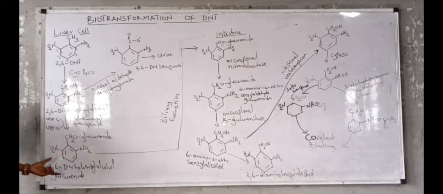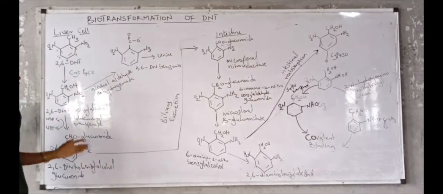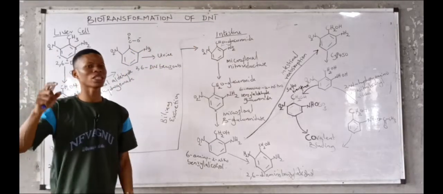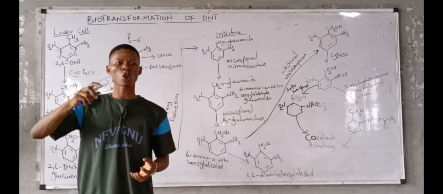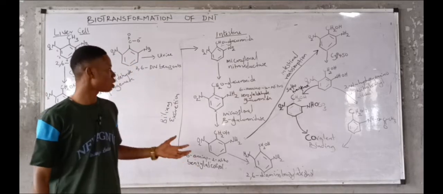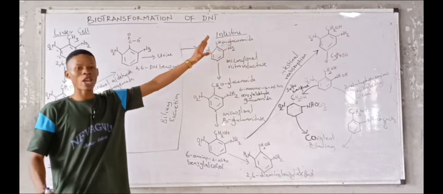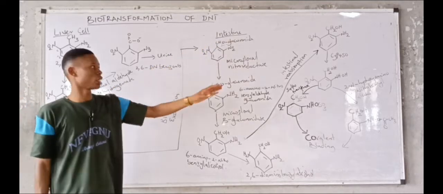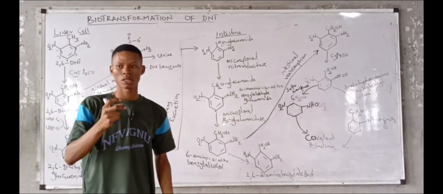Now this stuff here can be transported through the bile to the intestine. So it is transported from the liver now to the intestine. And remember, in our last class we said that in humans, most of the microflora we have is located in the large intestine, right? Now it can be transported to the large intestine, where we have the majority of the microflora, and microorganisms can act on it.